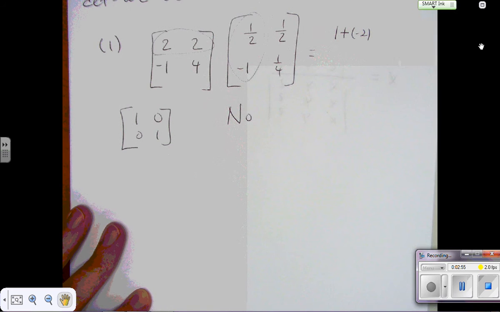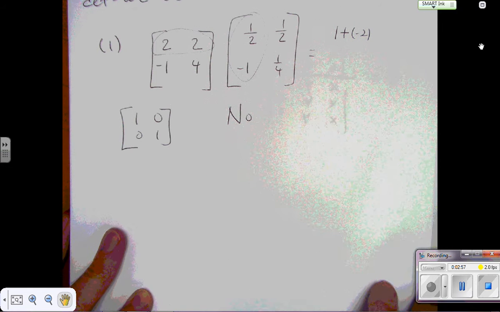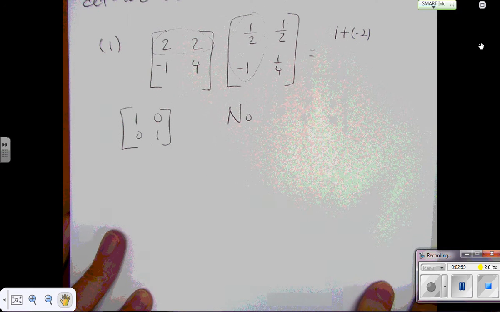Okay, so you guys try number 3, and I'll do it up here. All you're doing is seeing if they're inverses of each other.